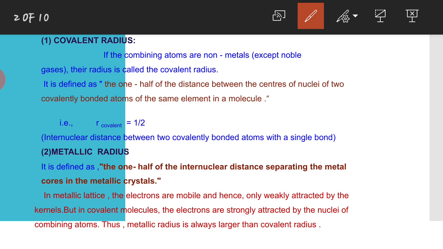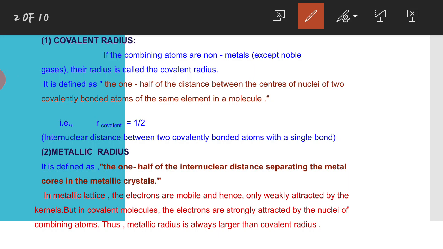Second, metallic radius. Metallic radius is defined as one half of the internuclear distance separating the metal cores in the metallic crystals. In a metallic lattice, the electrons are mobile and hence only weakly attracted by the kernels.